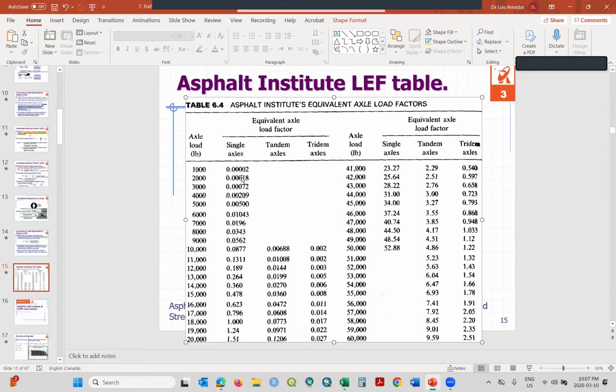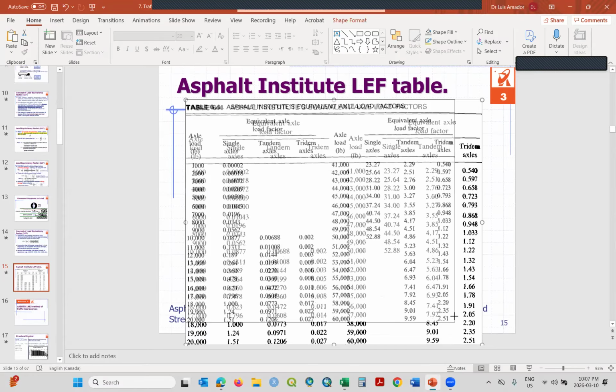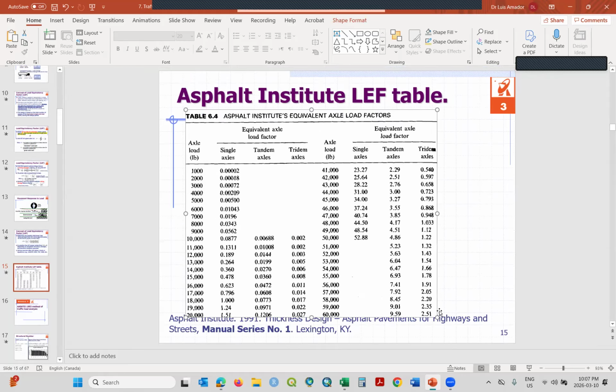This is the damage that a passenger car will produce, approximately, for one axle of a passenger car, one pass. But when you look at a truck loaded with 18,000 pounds, that produces one. So this is really 0.018% of what a truck will do to a pavement. And that's the reason why passenger cars are typically ignored.